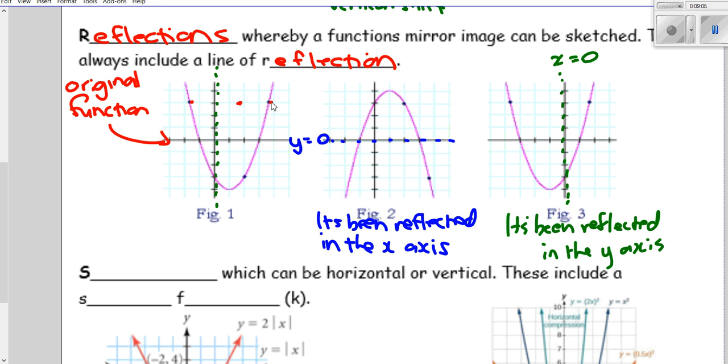What are you saying, Miss Lily? Just how to use the mirror images to reflect it. So the line of symmetry is the y-axis. Yeah, in this particular example. So if the line of symmetry was the y-axis, the way you could reflect it is you could take a point and see its distance from the line of reflection, and it has to be equidistant to the other side.